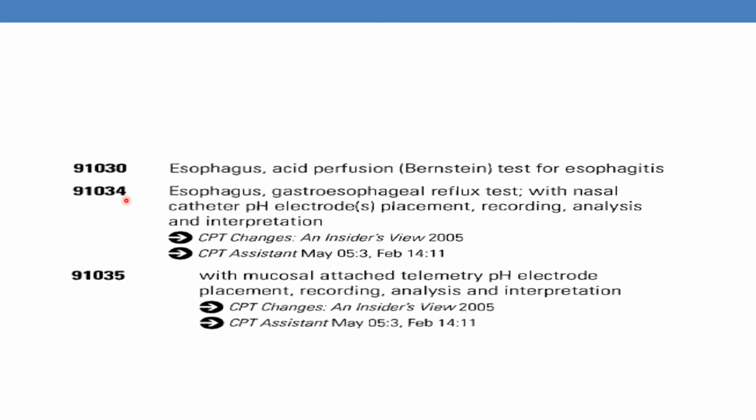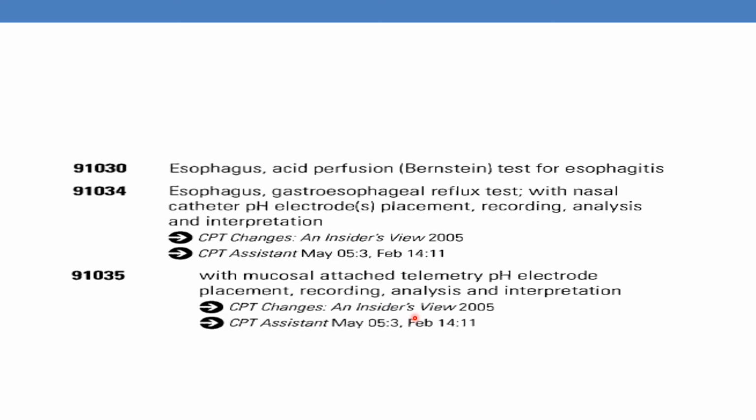The next is 91034. It is coded for esophagus gastroesophageal reflux test with nasal catheter pH electrode placement, recording, analysis and interpretation. If the gastroesophageal reflux test is performed with mucosal attached telemetry pH electrode placement, then you need to code 91035.